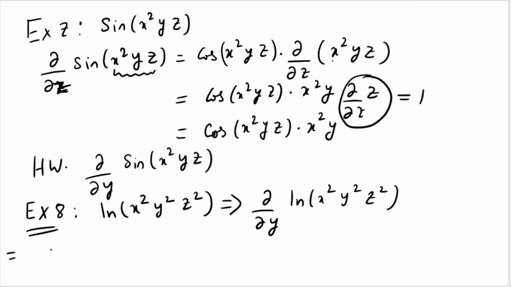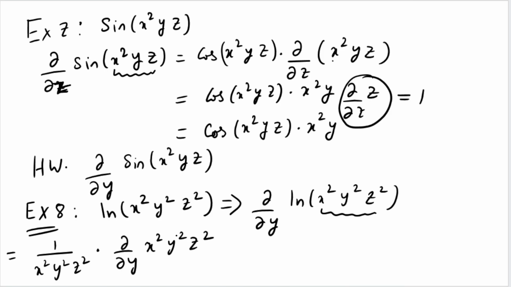So this gives me 1 over this function, which is x square y square z square, times ∂/∂y of x square y square z square. Once again, we will treat x and z as constants.